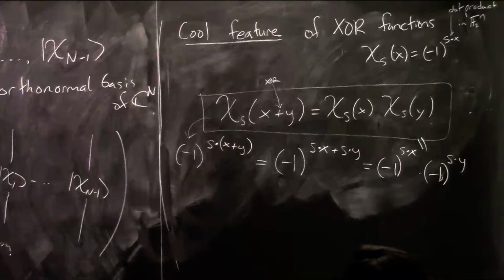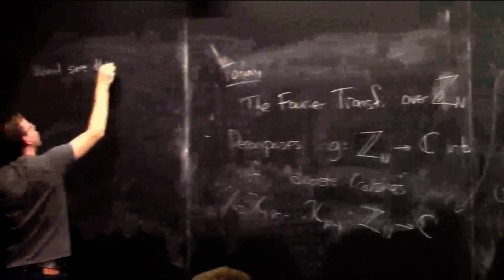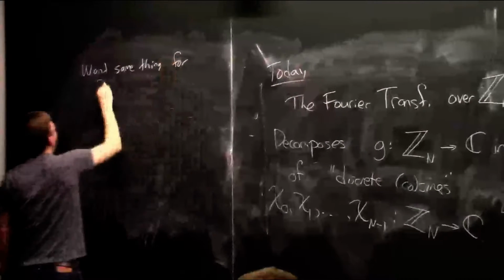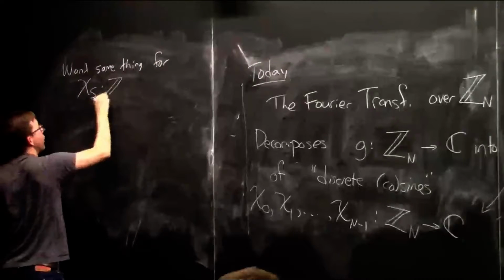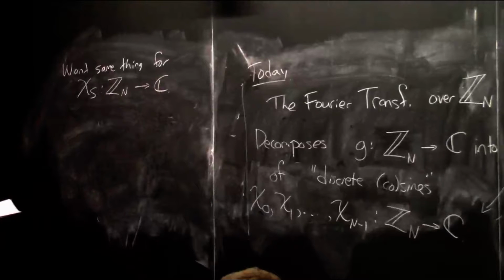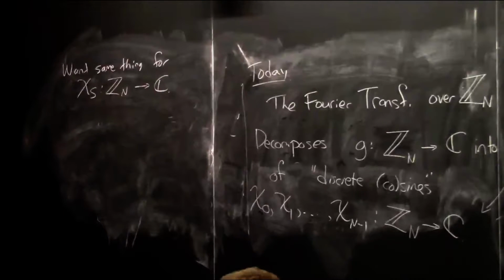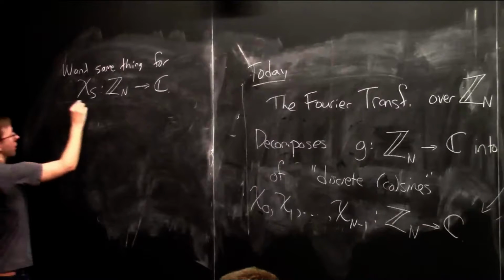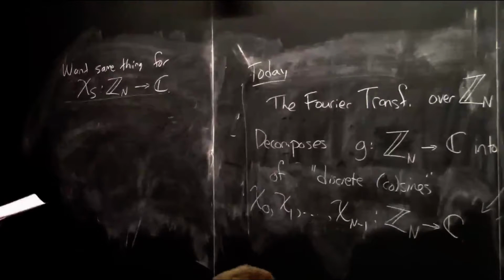Okay, so for whatever reason, let's say we want the same thing for functions, but now where we think of the domain as integers mod capital N. This will force the answer on us, as it turns out. Just deciding that you want this box property will force what these chi's are.